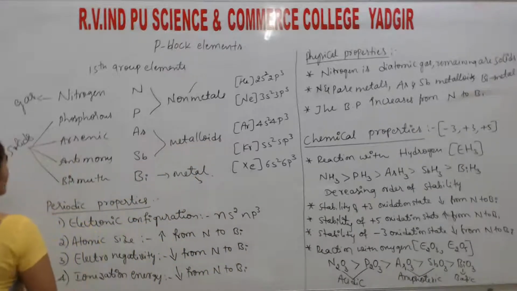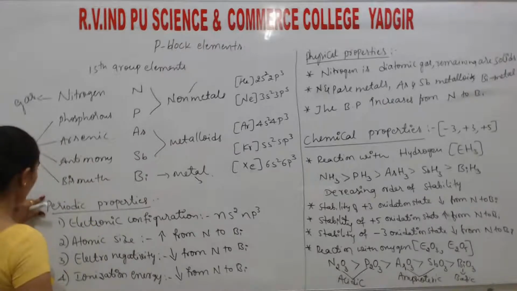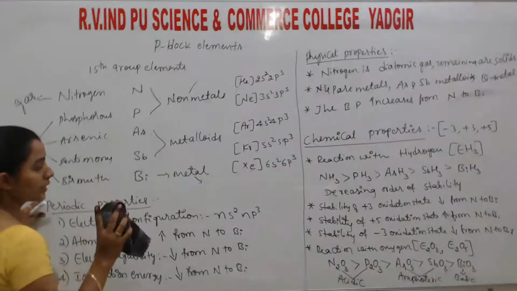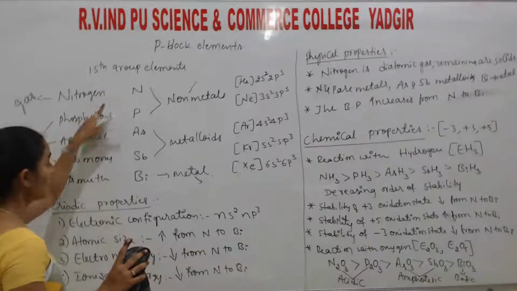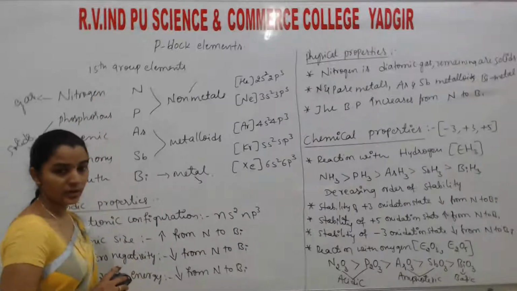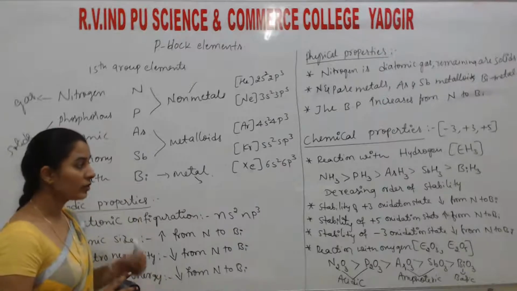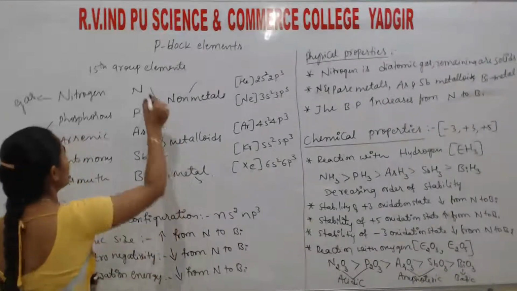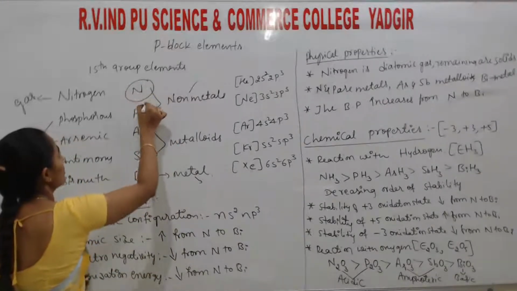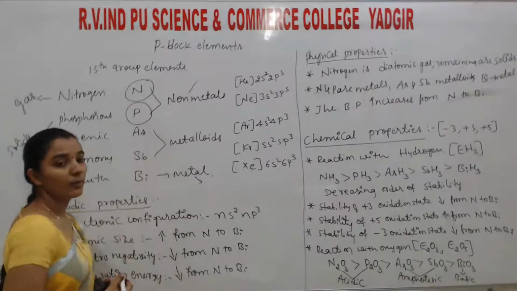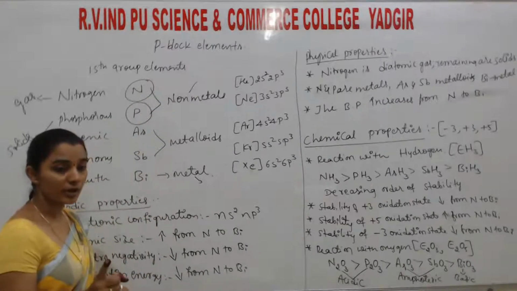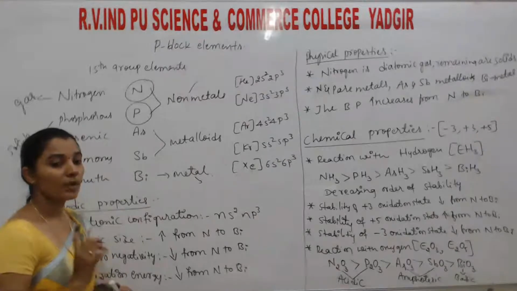So the next one is, I hope periodic properties will be physical, chemical. These are the general properties of 15th group elements. Understood? General properties of 15th group. Now we are going to study only the elements of nitrogen and phosphorus one by one.